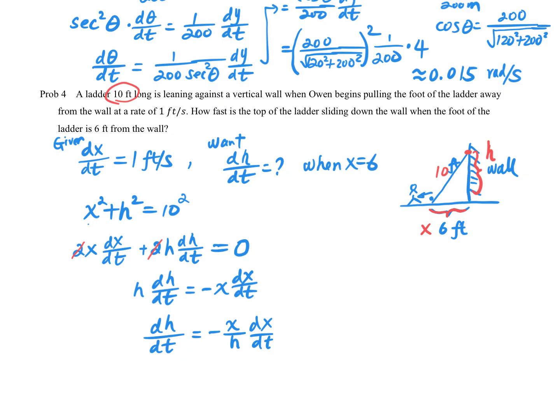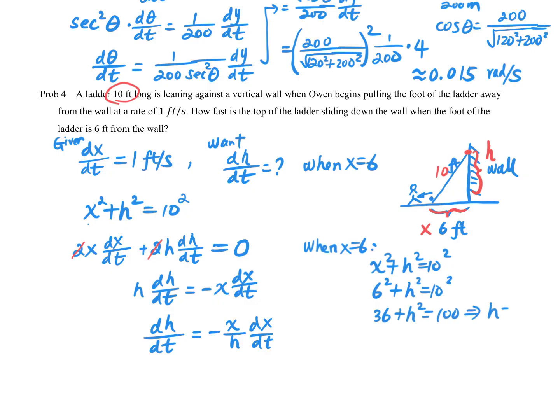So when x is 6, 6 squared plus h squared equals 10 squared. That is 36 plus h squared equals 100, meaning h squared is 64. h has to be 8.